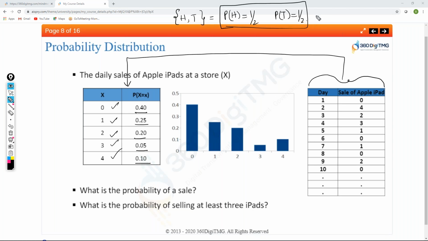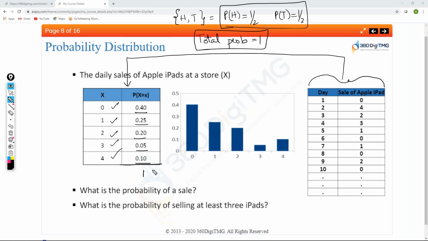Always, the total probability of all the events occurring would be equivalent to 1. That's it. Now, if I add all these probabilities here, would that be 1? It should be 1. Exactly. So if you add 0.4, 0.25, all of these, it should turn out to be 1.